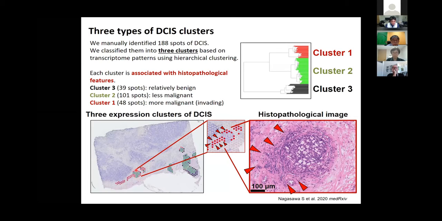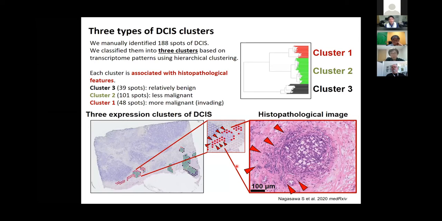The surrounding dots were classified into cluster 1, while the inside was categorized into cluster 2. So when we looked back at the histopathological image, we noticed that the inside really looked like a benign cancer in terms of the karyotypes and the shape of the cells, and the surrounding regions were just becoming malignant and started invading the surrounding area.